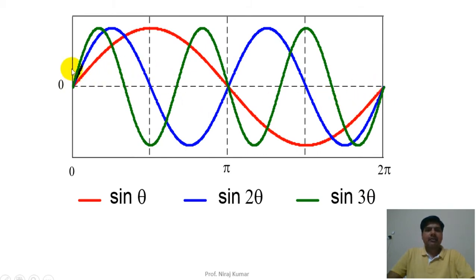So by counting the number of highest points or lowest points, we can find whether this is sin theta, sin 2 theta, or sin 3 theta, and so on. If there is only one highest point, then it is sin theta. If there are two highest points, then it is sin 2 theta. If there are three highest points, then it is sin 3 theta.